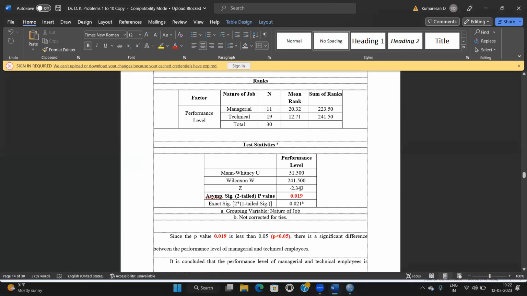As usual, P value is the deciding factor. Even though a number of measures are given, we have to take the P value as the significance value or deciding factor. So what is the P value here? P value is 0.019.